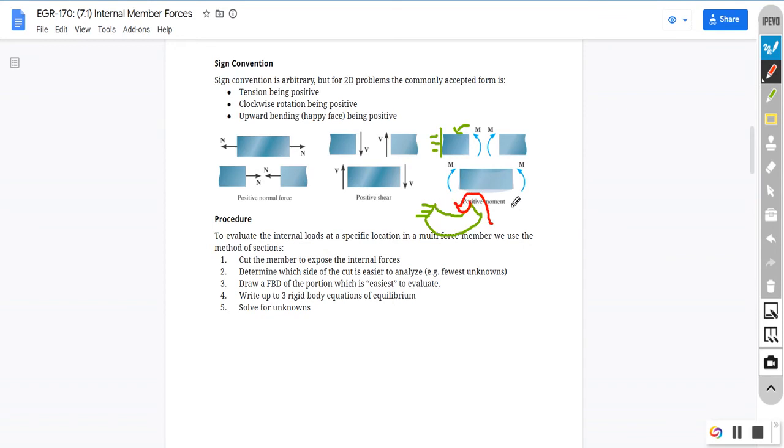So it'll create a happy face. A happy face is positive, a frowny face is negative. It says up here, upward bending, basically it's going to create what looks like a happy face, and we consider that a positive moment. Again, those are arbitrary. They'll matter more when we get to the next section when we actually do shear moment diagrams.